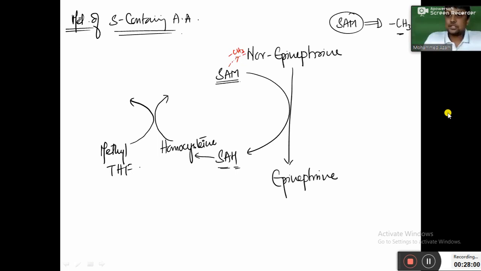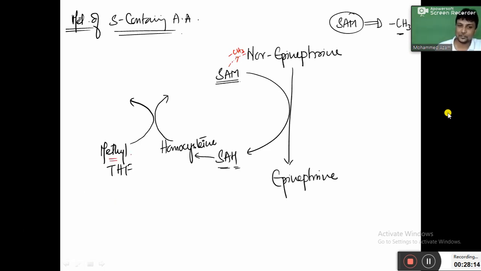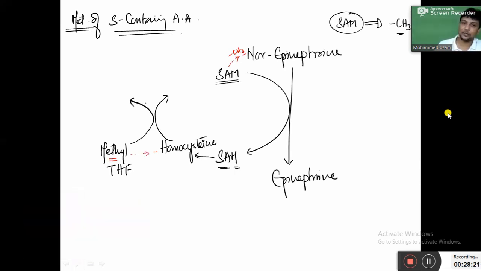I repeat again, homocysteine reacts with methyl tetrahydrofolate. So what is happening is that I am adding the methyl group back. If you add the methyl group back, what is going to be remaining? Tetrahydrofolate. And after adding methyl group, homocysteine is going to become methionine.